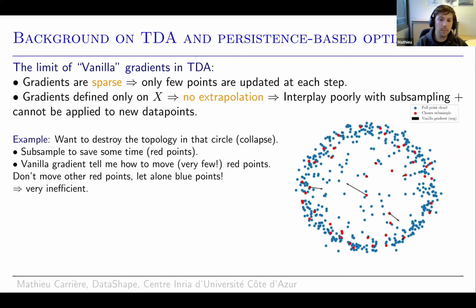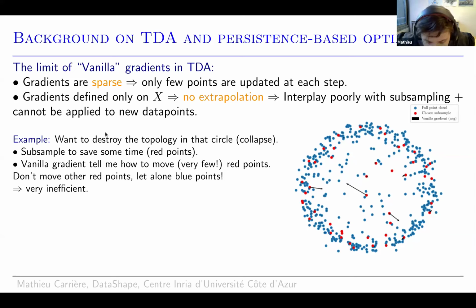Because as I said, the gradient only depends on the critical points. So in the case of Vietoris-Rips, because the filtration values are given by the distance between two data points, every point in the persistence diagram has an effect on at most 4 points in the point cloud. Okay, so if you imagine the gradient of the persistence diagram with respect to all the points, this vector will be mostly zeros, and will be non-zero only at the critical points.